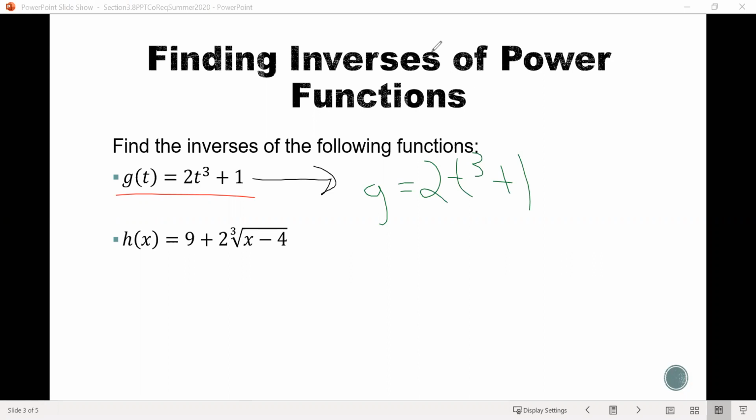And then because inverse functions switch the inputs and outputs, I'm going to switch my input and output variable here. So this will now become t equals 2g cubed plus 1.